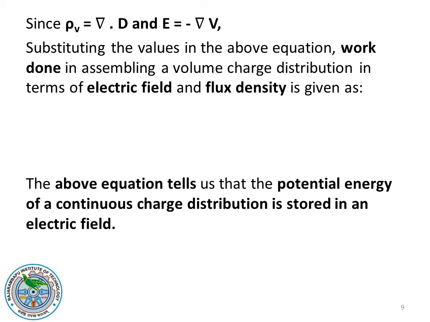Since rho V is equal to del dot D and E is equal to minus del V, substituting the values in the above equation, work done in assembling a volume charge distribution in terms of electric field and flux density is given as WE equal to 1 half of the volume integral of D dot E dv, that is equal to 1 half of the volume integral of epsilon E squared dv, because D is equal to epsilon E. The above equation tells us that the potential energy of a continuous charge distribution is stored in an electric field.